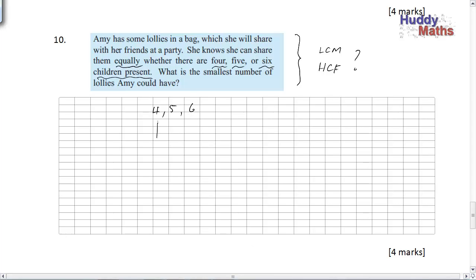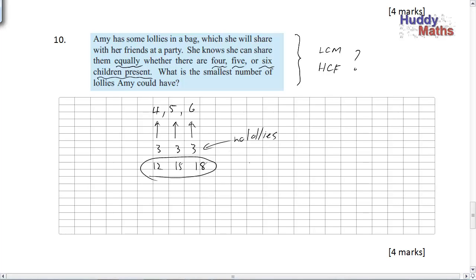So if each of them got 3 lollies each, ooh, how many would we have? 4 times 3 is 12, 3 times 5 is 15, 18. Oh, we're talking about multiples, aren't we? This would be the number of lollies each person got. So the total number of lollies would have to be the sum of all those.